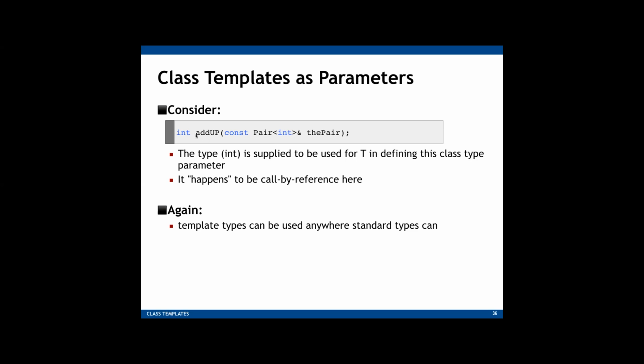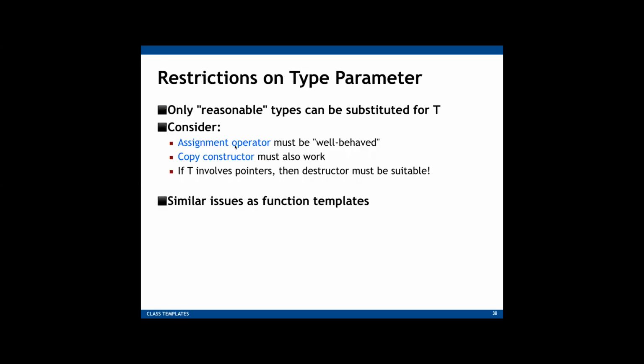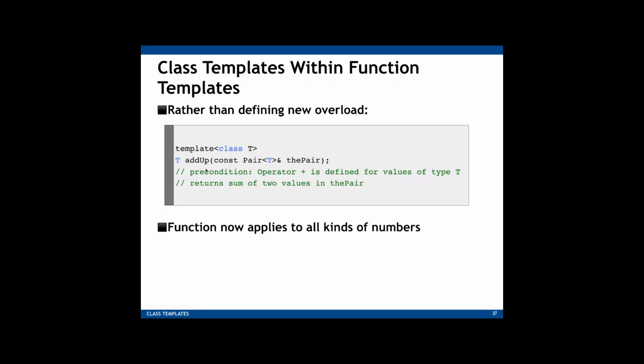We can generalize these functions further. So like this, you could define function templates for these adder functions. Here we are declaring the type parameter T, and we can use this T to generalize these adder functions.